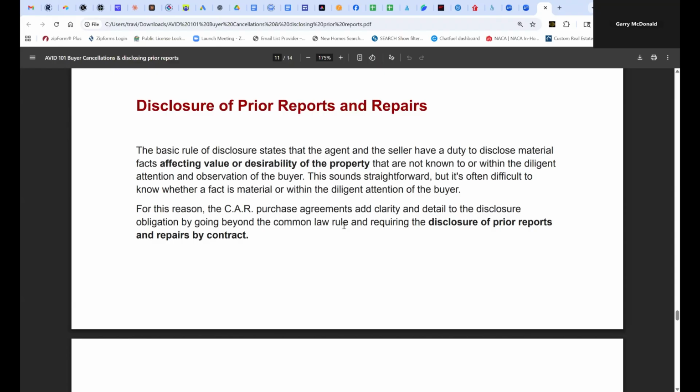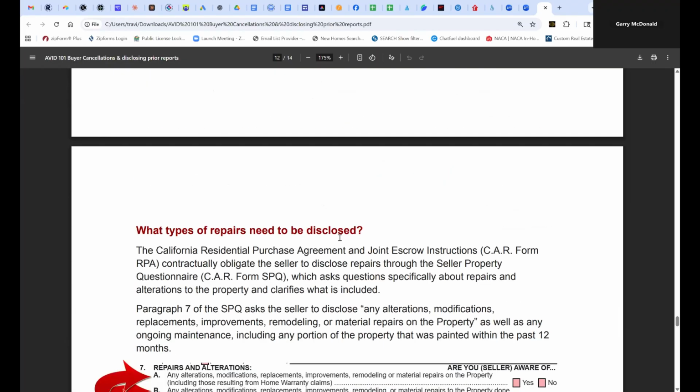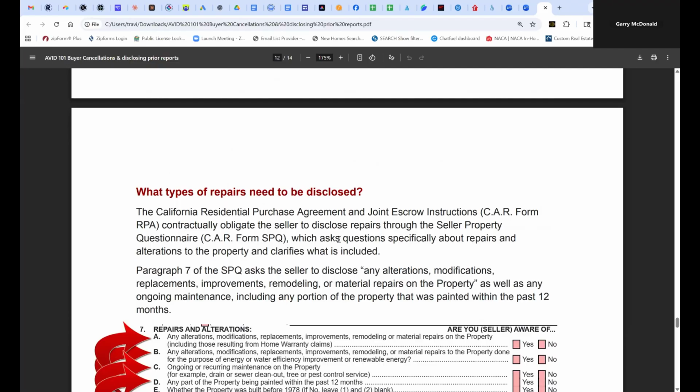For this reason, the CAR purchase agreements add clarity and detail to the disclosure obligation by going beyond the common law rule and requiring the disclosure of prior reports and repairs by contract. So if you're using the CAR RPA, these are by contract.